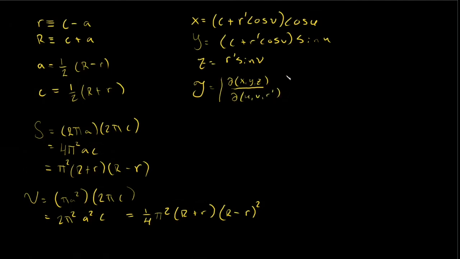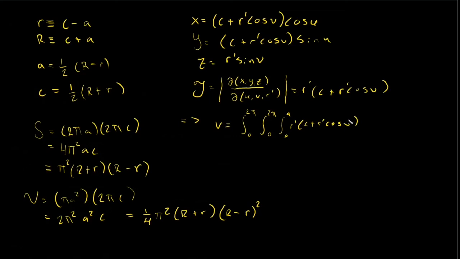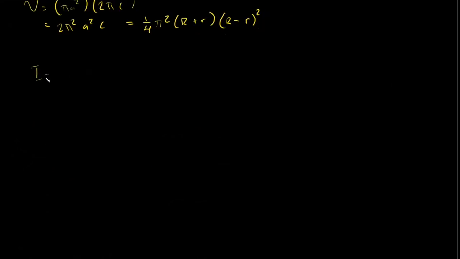And this is going to equal r prime times (c plus r prime cosine v), giving V equals the integral from 0 to 2 pi, integral from 0 to 2 pi, integral from 0 to a, of r prime (c plus r prime cosine v) dr prime du dv, which is equal, again, to 2 pi squared a squared c. Yeah, as before.